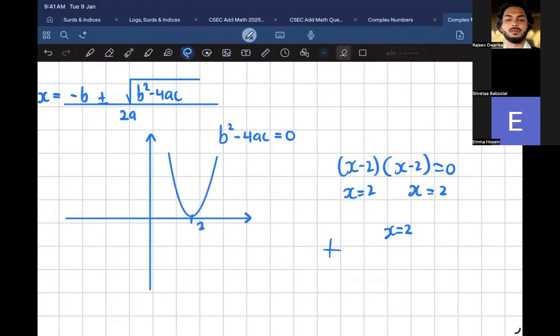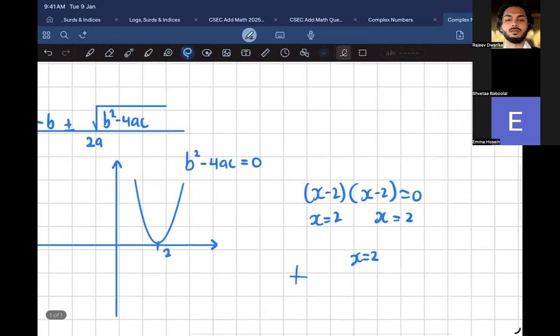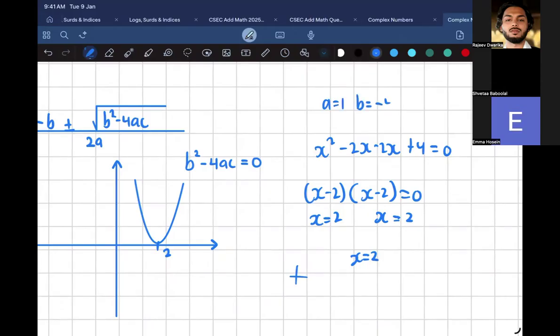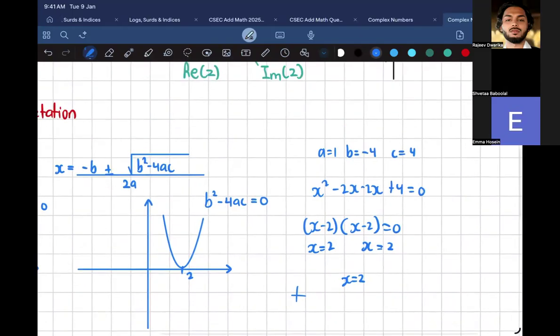All right. So, Shweta, you understand what's going to happen if the discriminant is zero. And if you have trust issues, we could expand this out and find the discriminant, but you will see that it is zero. If we expand that out, you're going to get x squared minus 2x minus 2x plus 4. A is 1, B is minus 4, and C is 4.